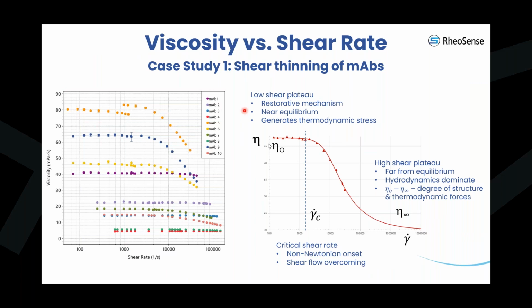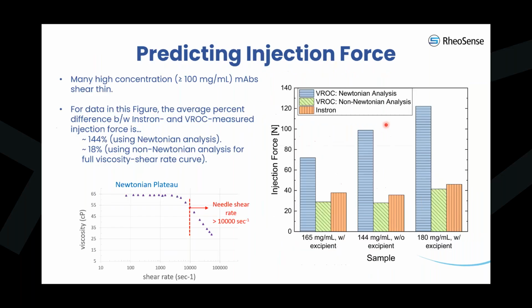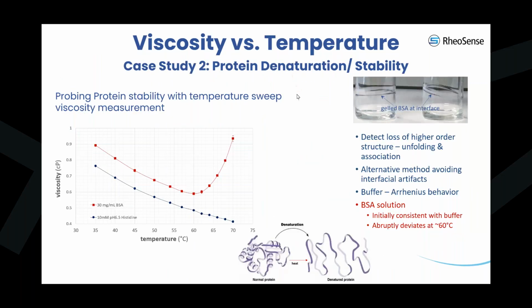Could you explain more about the graph related to protein denaturation? Let me go back to that slide. In proteins, they can denature or degrade at higher temperatures because, as you can see in this image, the normal protein is like this.